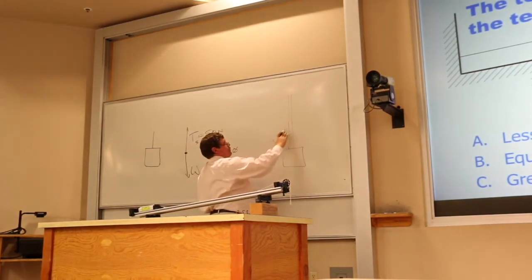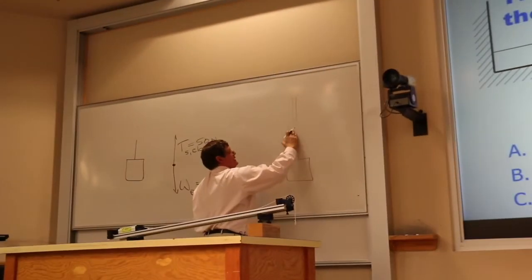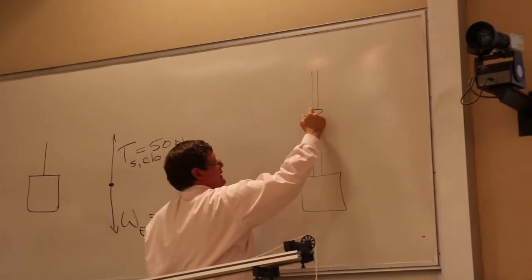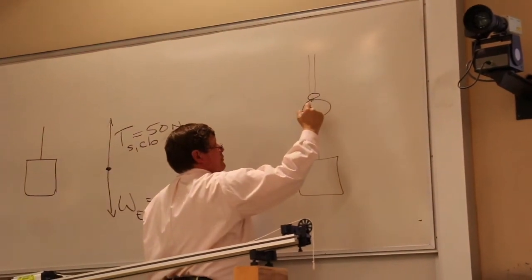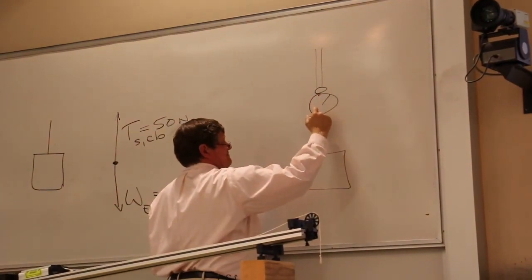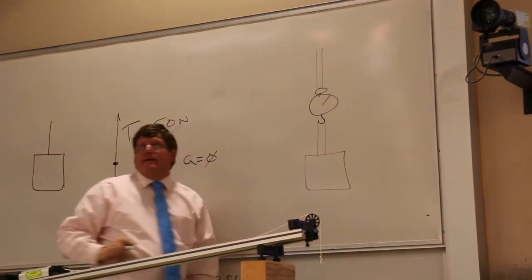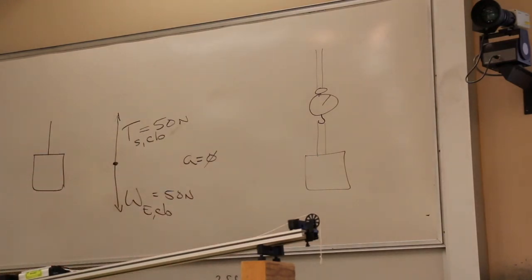If I take that rope and I break it and I put in a spring scale, the tension is defined as the reading on that scale, or how hard each part of the rope is pulling on its neighbors. If you think instead of a rope, a chain, it's how hard each link of the chain is pulling on its neighbors.